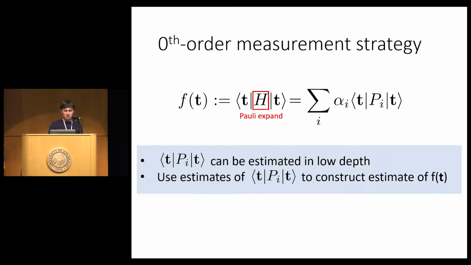Then we can combine these estimates together according to the coefficients alpha in order to obtain some estimate of f of t. If we want a very accurate estimate of f of t, we might have to do this very many times. I've labeled this the 0th order measurement strategy because this gives us information about the objective function itself as opposed to derivatives of the objective function.